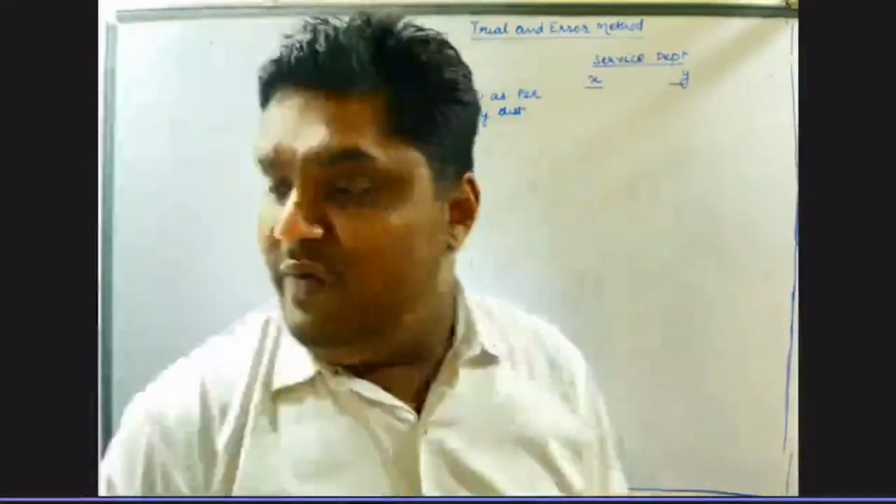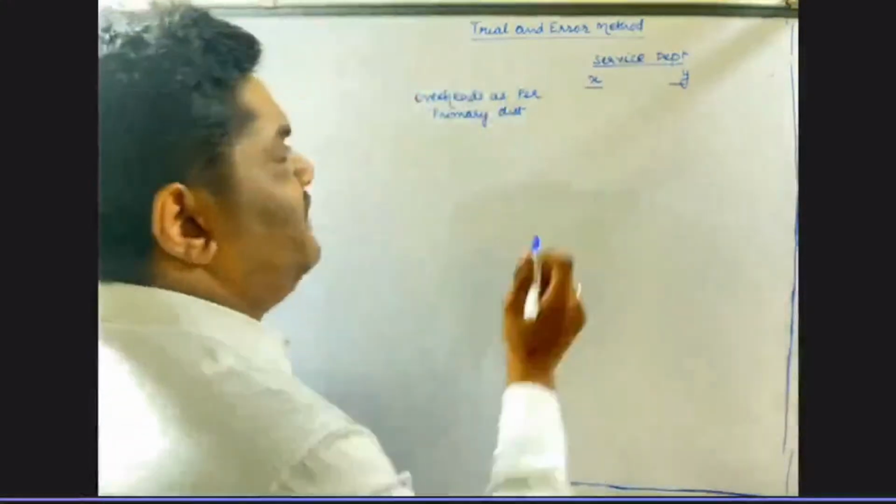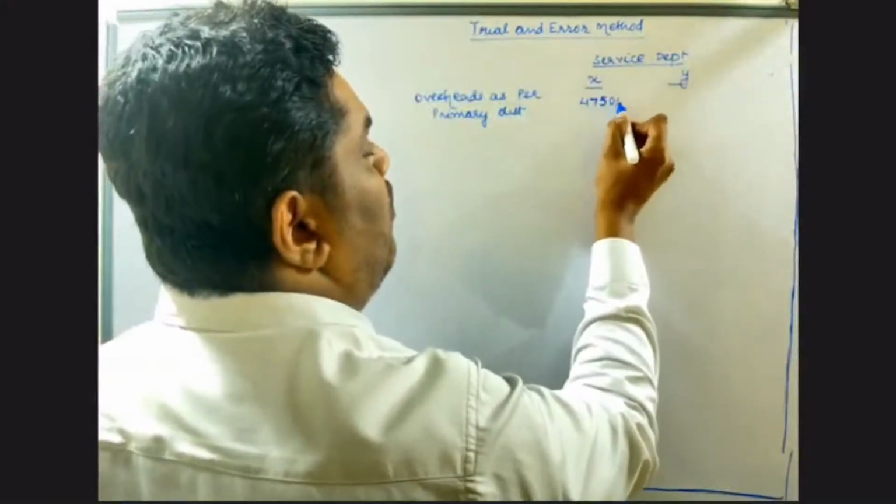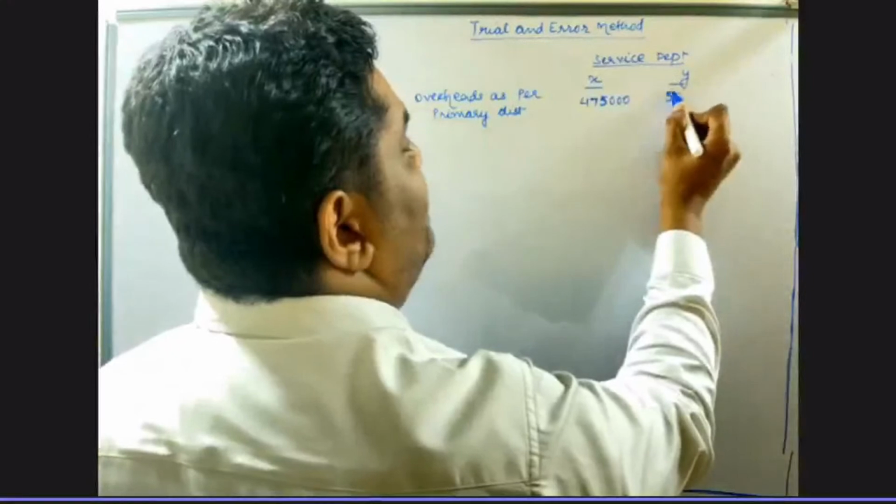The amounts we have calculated are 4,75,000 and 5,35,000.